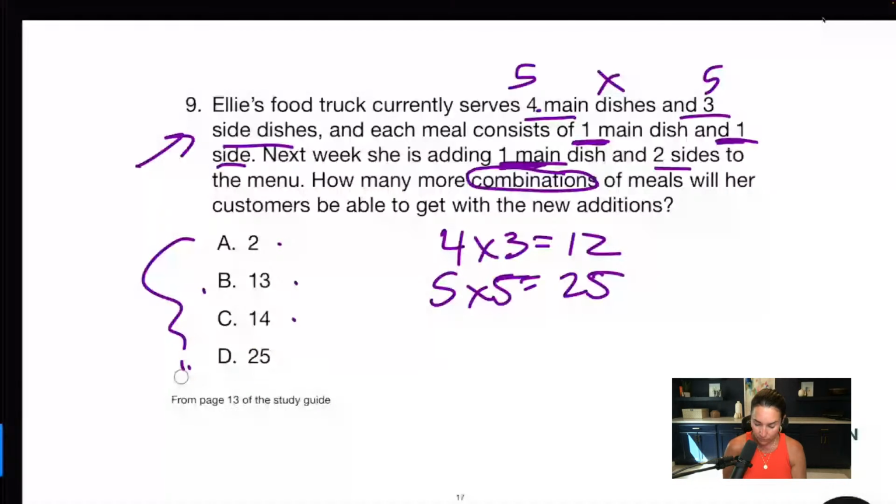They've anticipated you moving quickly. It says how many more combinations, not how many new combinations, how many more combinations of meals will her customers be able to get? Well, that's 25 minus 12. That's 13. There are 13 additional combinations that they can have now with this new main and these 2 new sides. Be careful. Read the question all the way through.